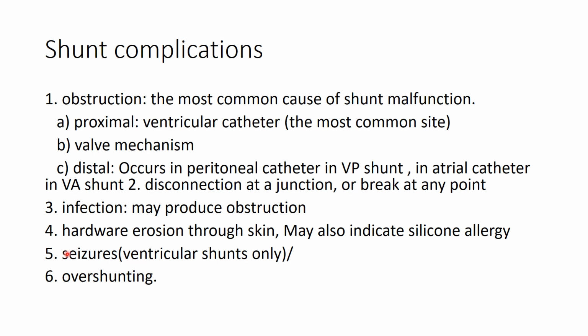Seizures, because you are operating and irritating the cerebral cortex. Overshunting: the shunt might drain more than what we want. So the patient might develop low intracranial pressure symptoms, or might develop subdural hematoma or subdural hygroma.